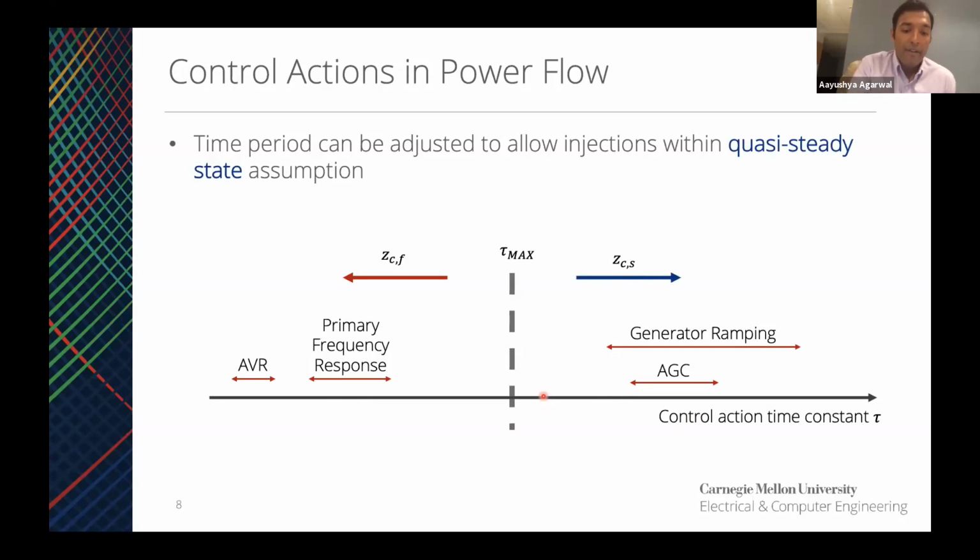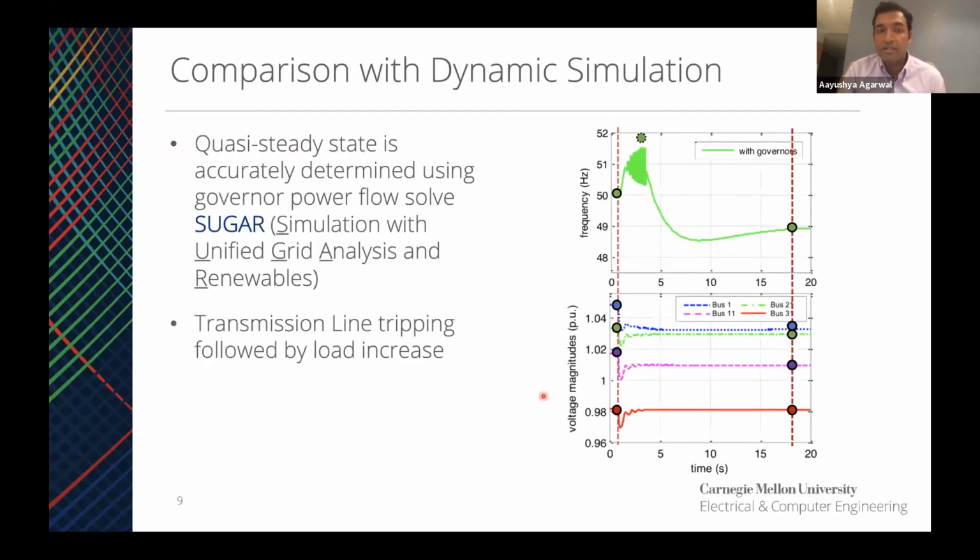So now that we have this idea of which ones we can consider fast and slow, let's see if this is actually a valid assumption. We do this by doing some experiments. Here we've compared against a dynamic simulation tool. We used our SUGAR solver, which is a governor-based power flow, to compare against a dynamic simulation on this 39 bus system, in which we have a transmission line tripping followed by a load increase.